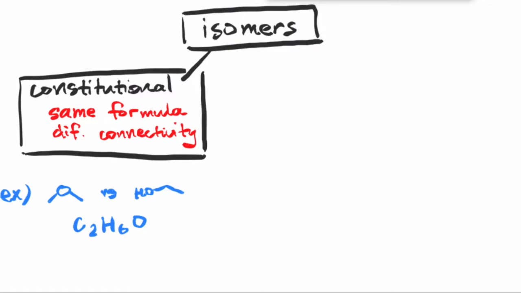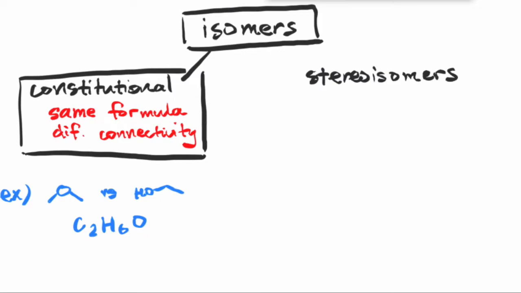They both have 2 carbons, 6 hydrogens, and 1 oxygen. However, these atoms are arranged in different orders to make an ether or to make the alcohol. And therefore, these 2 molecules are completely different from one another, but they do share that same formula, so they are called constitutional isomers.